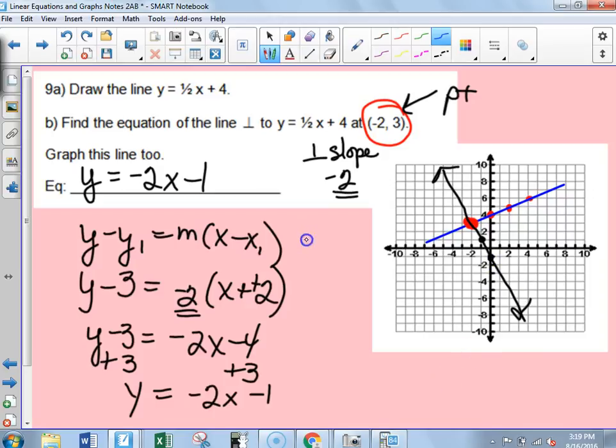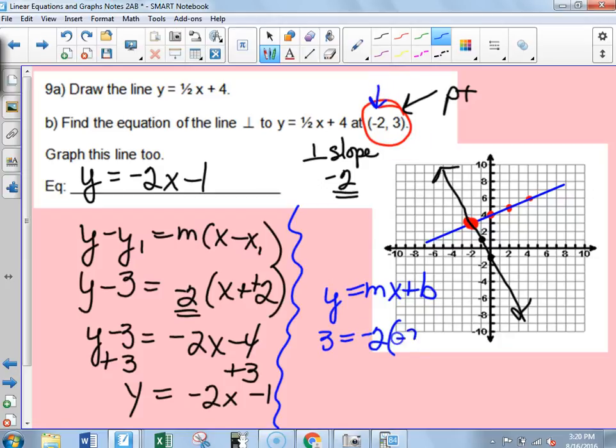Can I show you another method that some of you might have learned? Y equals mx plus b. Give me a y value on that equation, the black line right there. Give me a y value right here. 3. Give me the slope. -2. Give me an x value right here. So I have 3 equals 4 plus b.